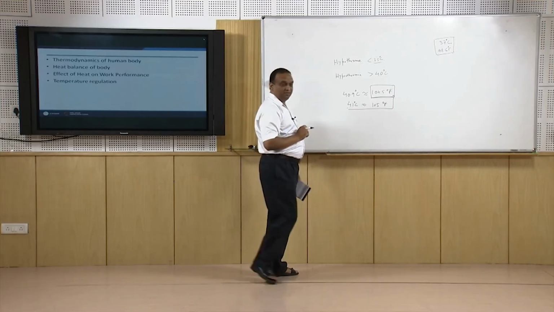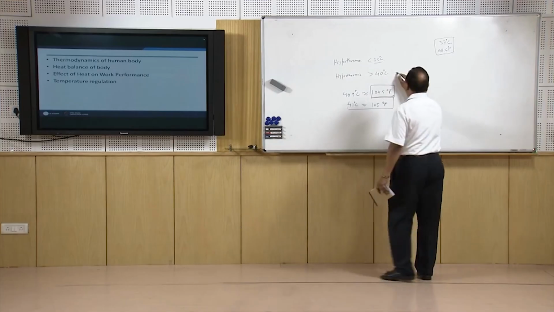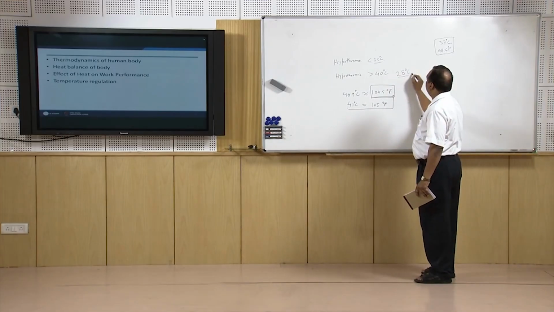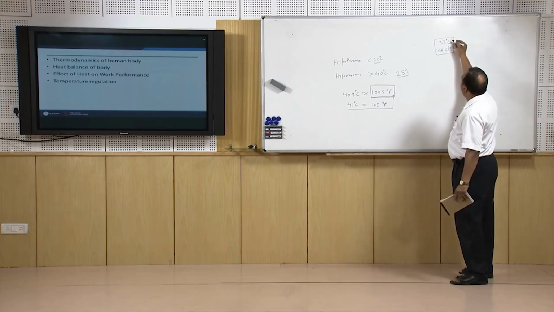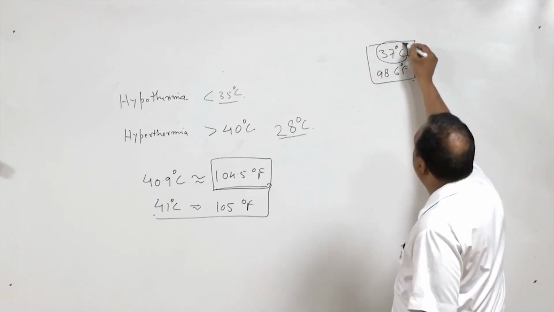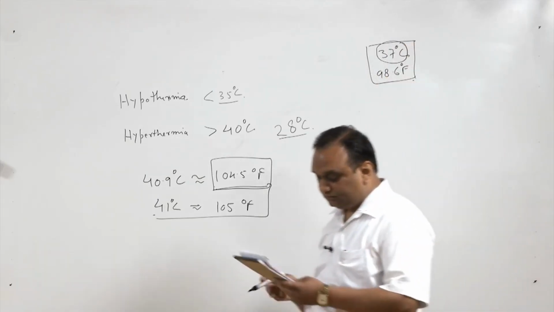On the other hand, if the body temperature is 20 degrees centigrade, then there are chances of cardiac arrest. So, a constant 37 degrees centigrade temperature has to be maintained inside the body.